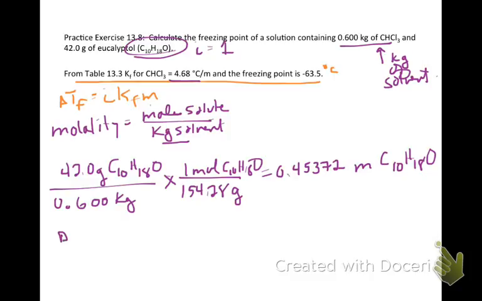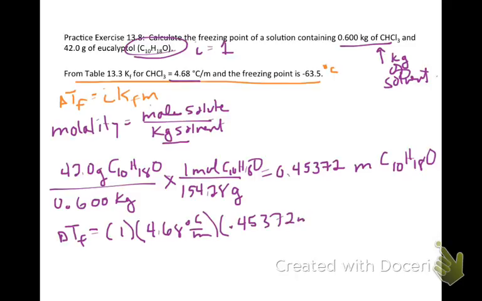So I think I have enough to calculate my delta TF. My i is 1. My Kf is 4.68 degrees Celsius per molality times my 0.45372 molality. That'll give me 2.123 degrees Celsius.